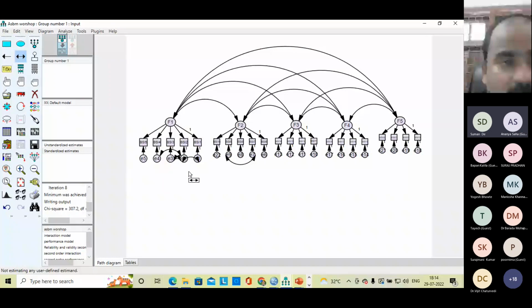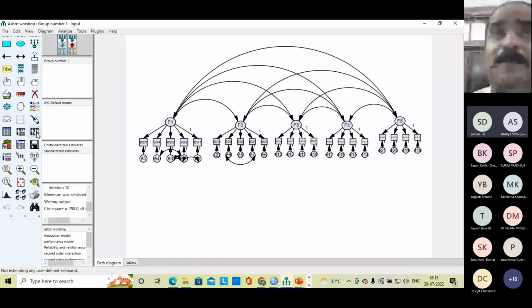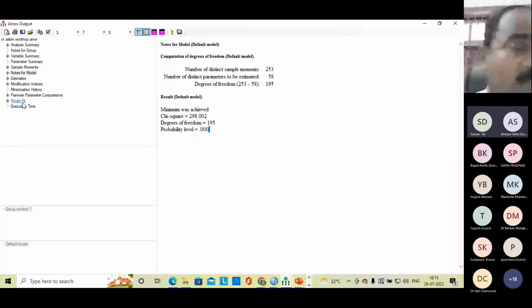Now, estimate again. For which purpose I wanted to do this, let me show you. Now you will see definitely the value of the fit indices might have been improved. Go to the fit indices, not modification.